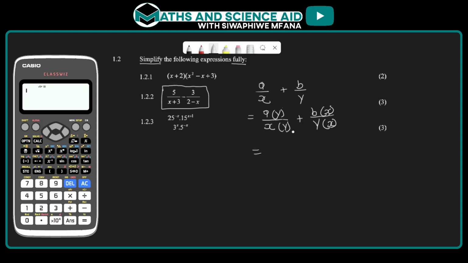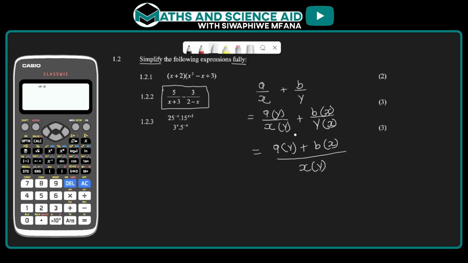And now, once you do this, you end up now with the same scenario as the first one that I showed you, which means that you can simply do your addition of the fraction by saying a multiplied by y plus b multiplied by x, all of this divided by the lowest common denominator, which is x multiplied by y.